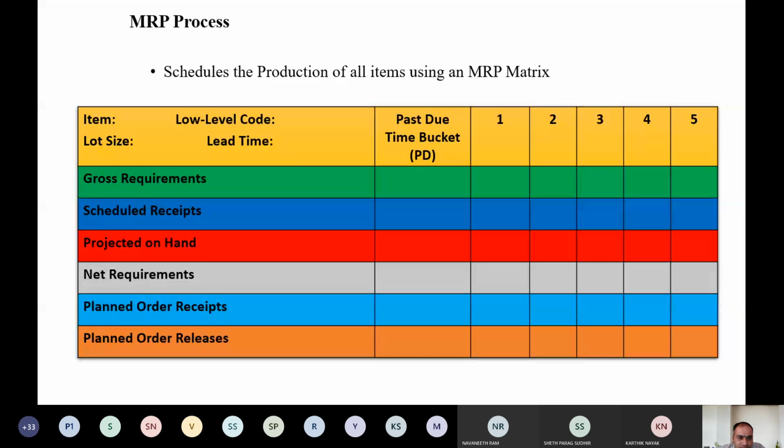Next, lead time. I think we have discussed lead time very well. Then what is this low level code? You should understand that. When you know the bill of materials, you can draw the product hierarchy. Say, for example, A is the car. You require tires, you require a chassis, you require some transmission system.